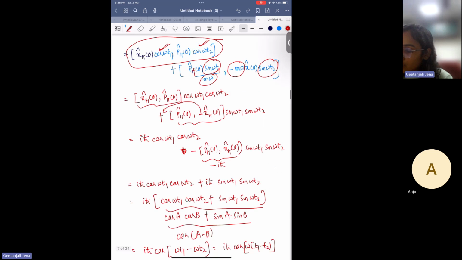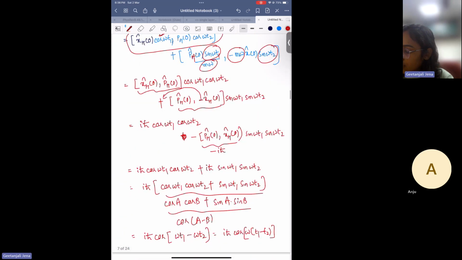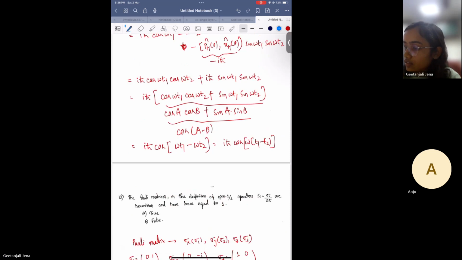So the answer will be, there is no option. So this is the answer. This is the final answer. So if you measure the position and momentum operator at different times, then the commutation relation is given by this.